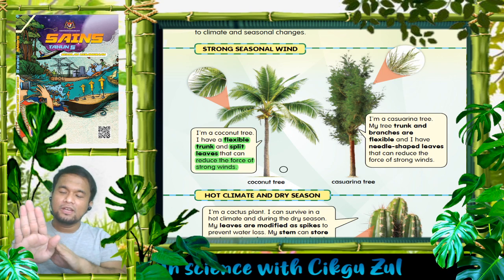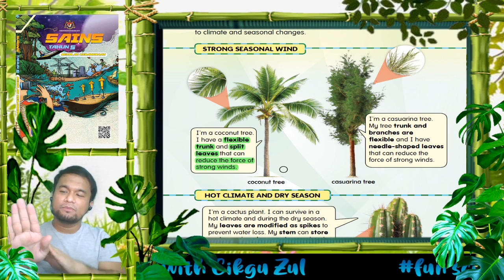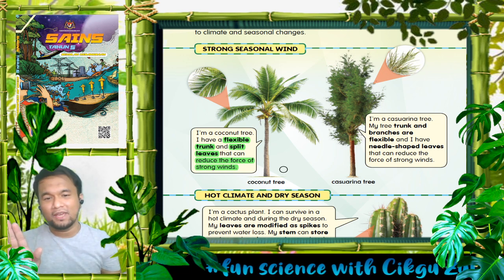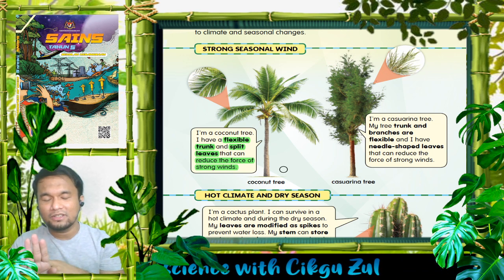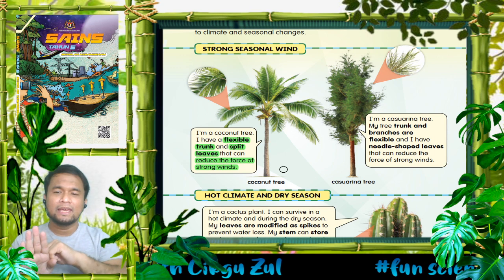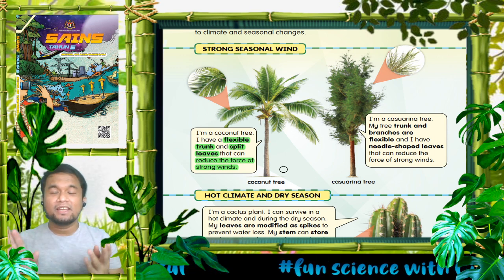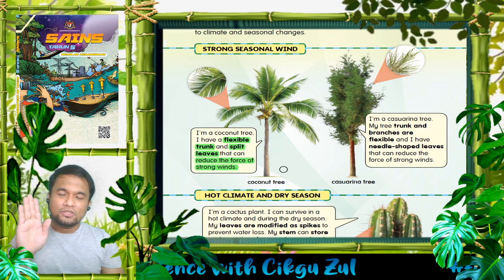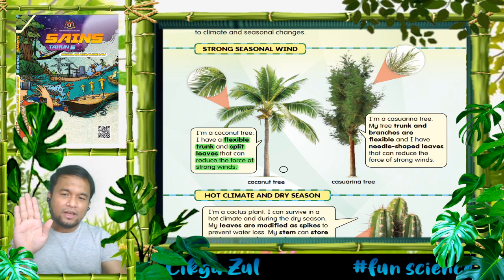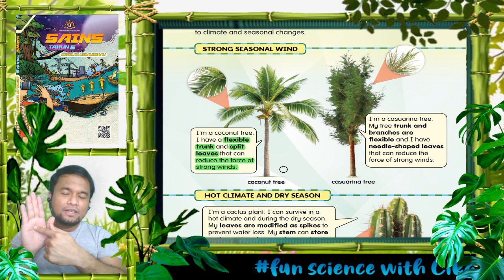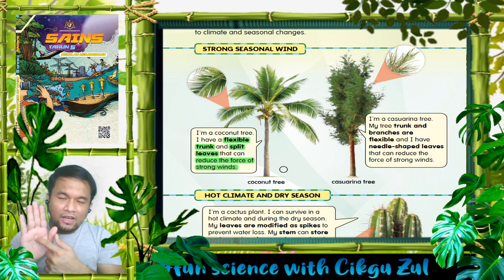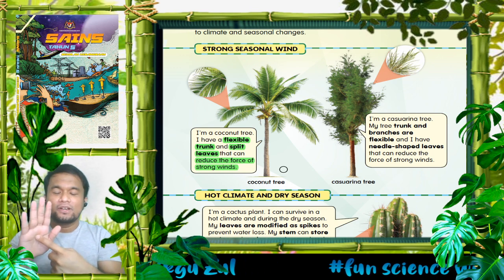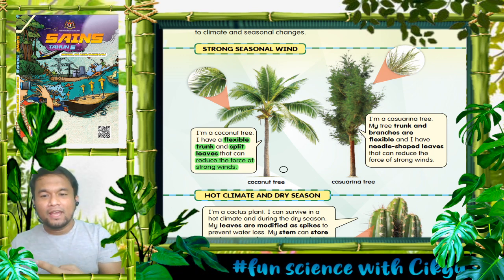So kalau daun dia padat macam tu, like solid shape macam daun-daun pokok biasa, bentuk dia oval, bentuk bujur kan. Okay, so dia solid macam ini. When the wind comes, the leaf will be struck by the strong wind, and then of course the leaf will fall down, isn't it?